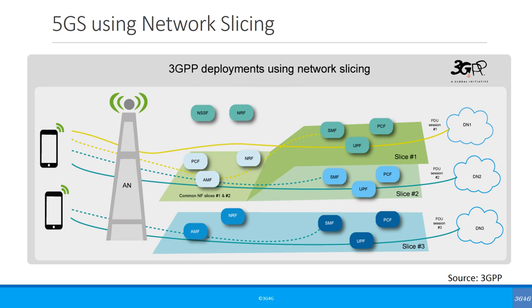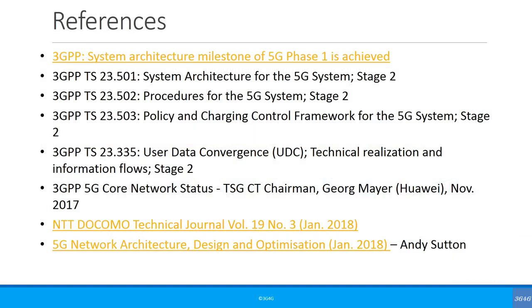So there are multiple AMFs, PCFs, NRFs, SMF, UPF, but only one network slice selection function, NSSF. So here are some of the references. The first reference is actually an article on the 3GPP's website, and it's a long article, but it's an interesting read.